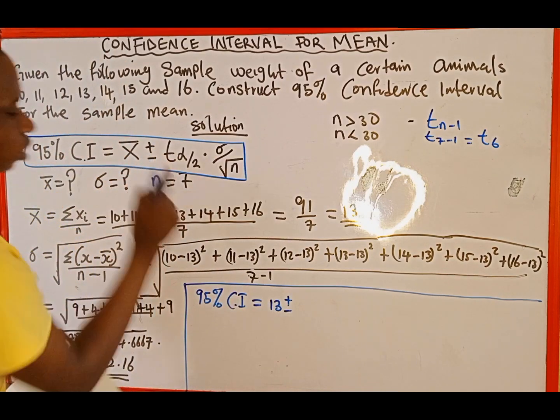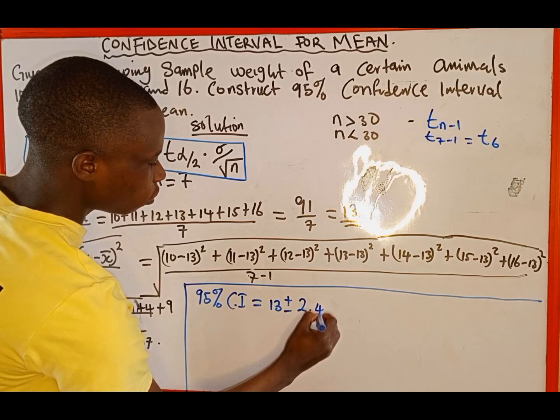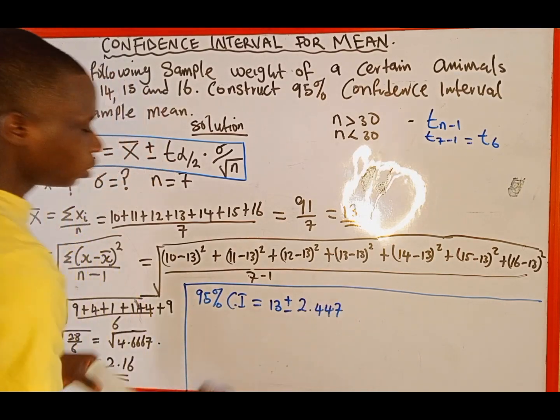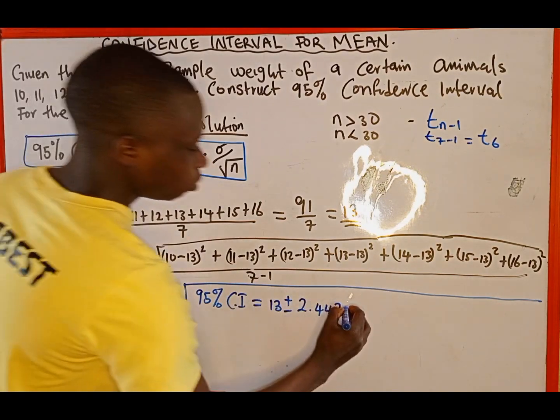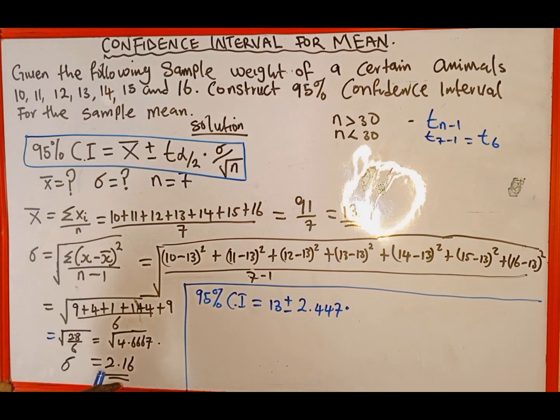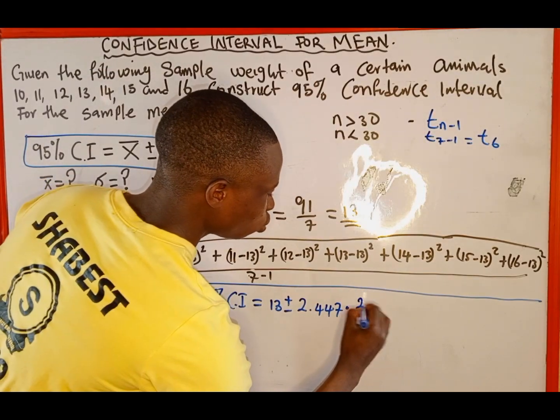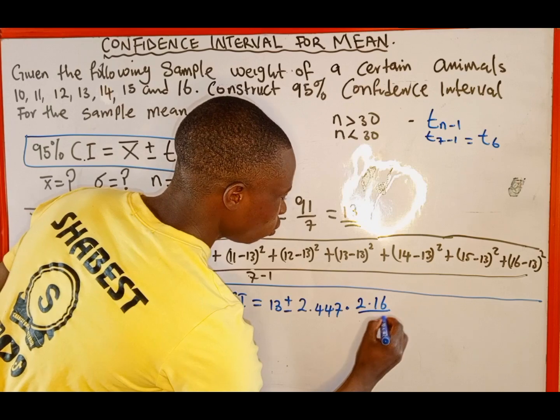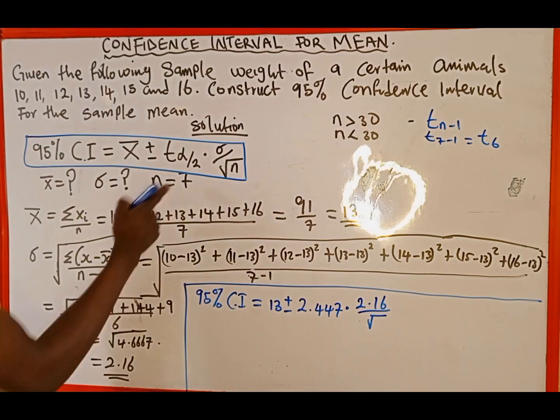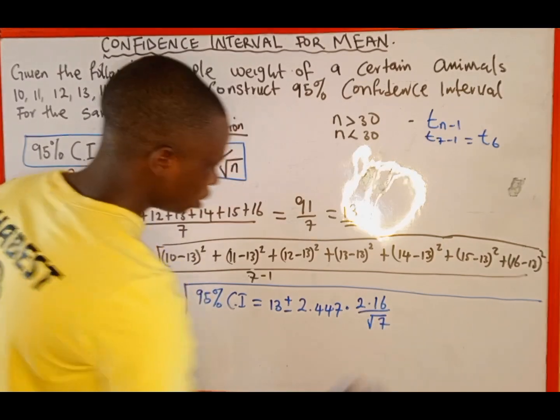So the alpha level is 2.447. So multiply by what? Multiply by the standard deviation, which we found to be 2.16, then all over the square root of n, and n from the question is equal to 7.